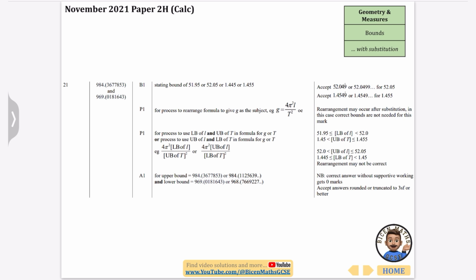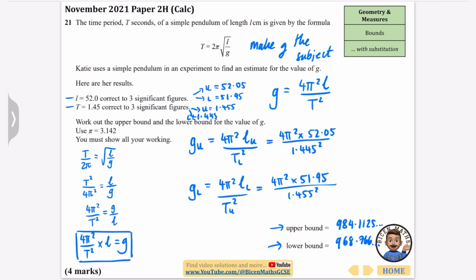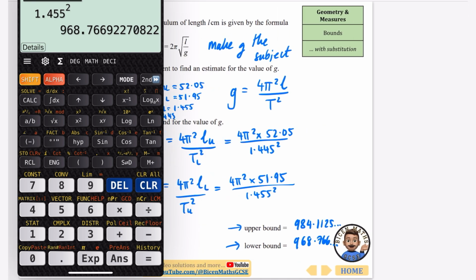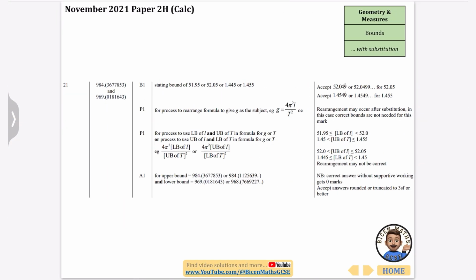Let's see what I might have typed in wrong. 51.95, I want that to be the lower. Yeah, that is the lower, and that one is the upper. Let me just double check if I've typed it in correctly, because that's strange. I've got my 4 pi squared times 51.95 over 1.455 squared. How strange. I will come back to that one in a second and see what's different about that, because it does say... Oh, it does say or.